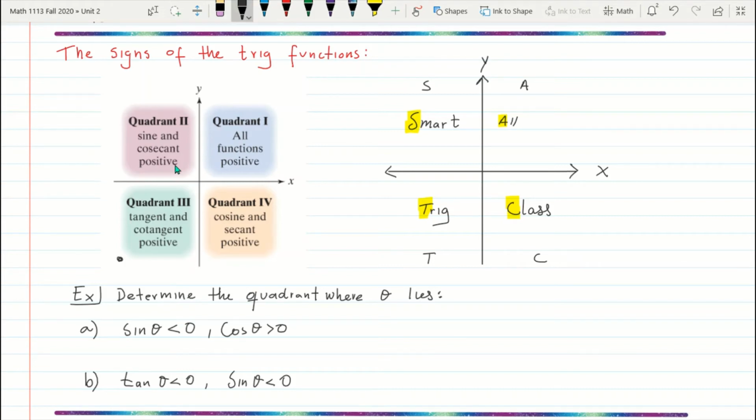The only thing that's going to be positive here is going to be tangent and cotangent. Everything else is going to be negative. And then what happens if your point is in the fourth quadrant? If it falls in the fourth quadrant, cosine and secant are the only functions that are going to be positive. Everything else is going to be negative.